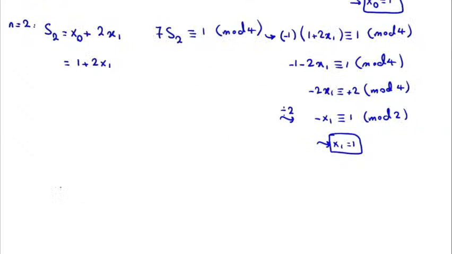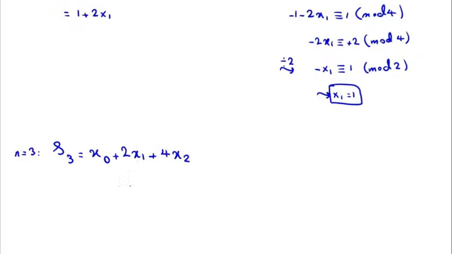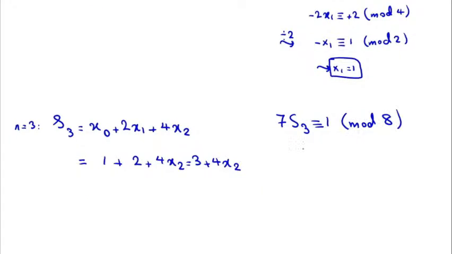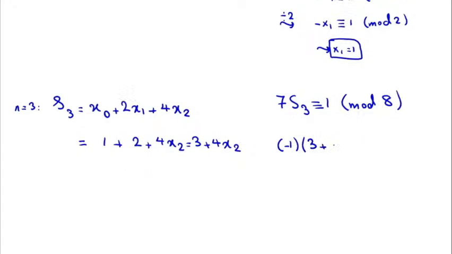Now, the next case, x1 is 1. Let's check n equals 3. For n equals 3, S3 equals x0 plus 2x1 plus 4x2. Now, x0 is 1 and x1 is 1, so 1 plus 2 plus 4x2 will be 3 plus 4x2. Now, 7 times S3 is congruent to 1 mod 2 to the 3, which is 8. 7 mod 8 is negative 1. So negative 1 times (3 plus 4x2) is congruent to 1 mod 8.